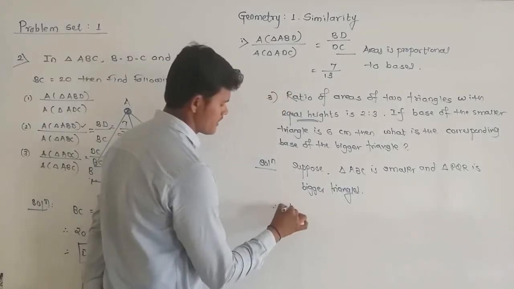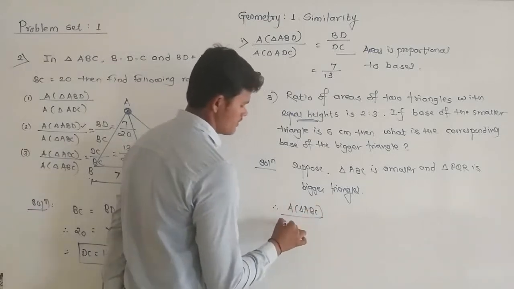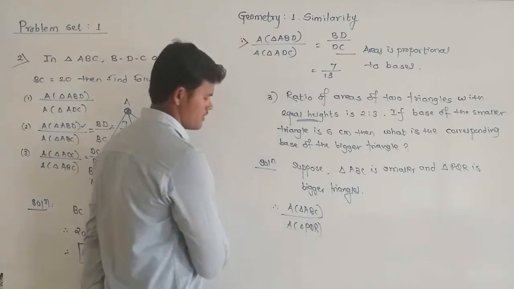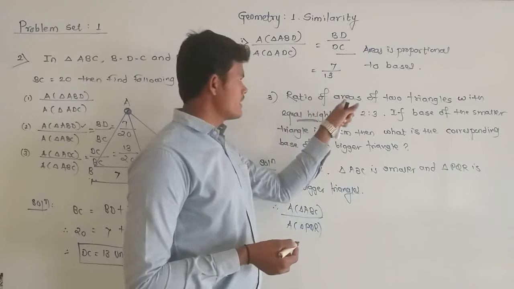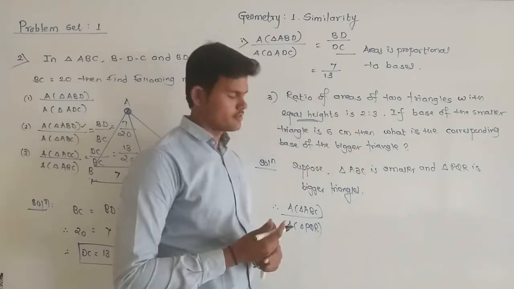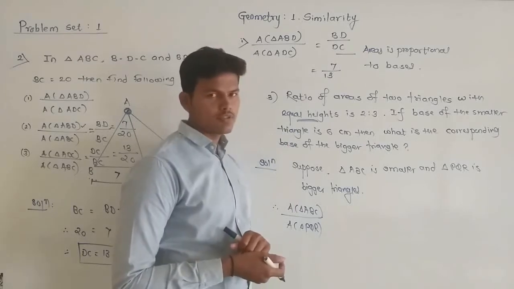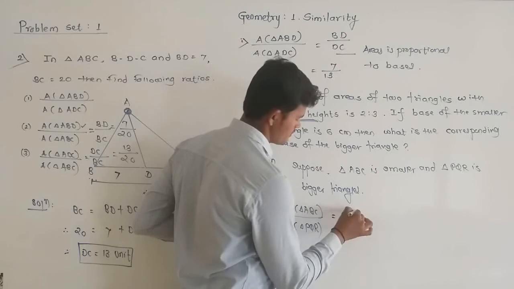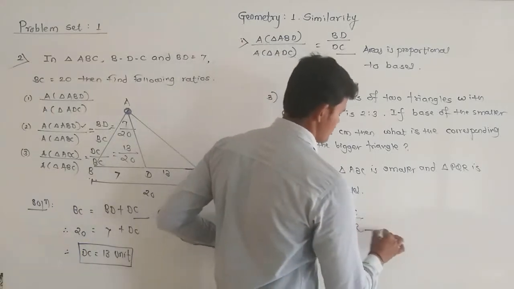So we get area of triangle ABC to area of triangle PQR. Here the ratio of areas of two triangles with equal heights. If two triangles have equal heights, then their area is proportional to their bases. So we get BC upon QR. Why?